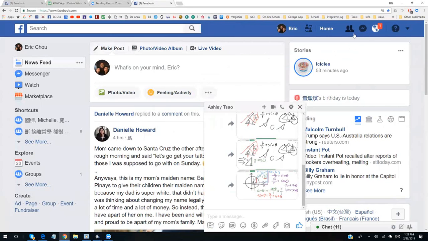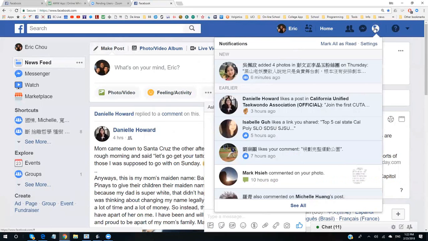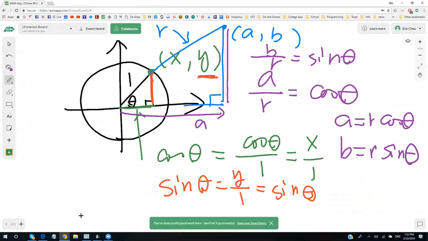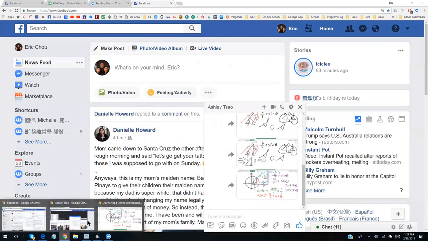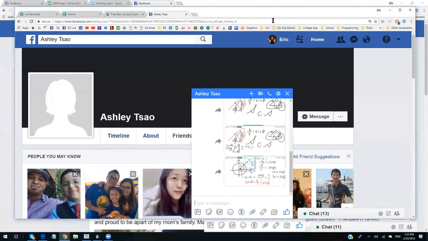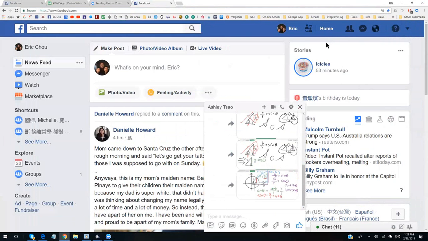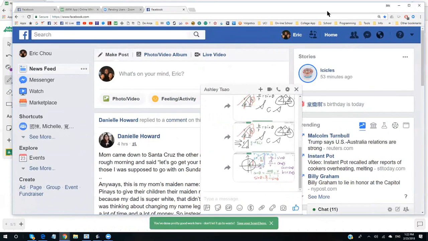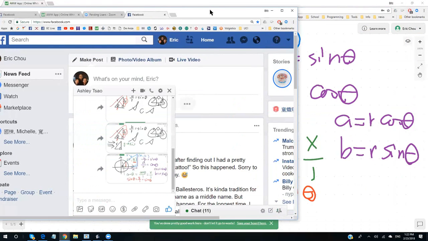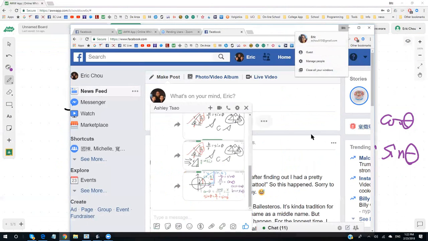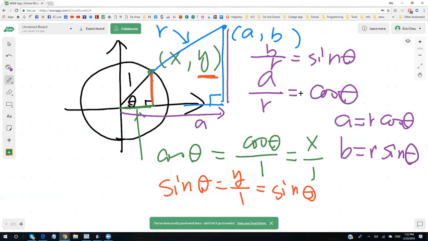Number two is some sort of ratio between the sides of some triangle. So it's some sort of ratio and it's some sort of projection.